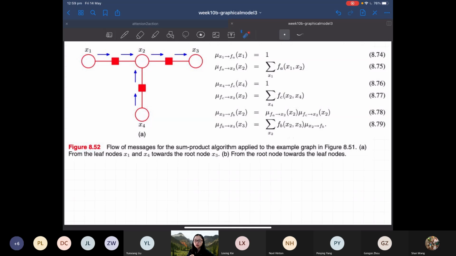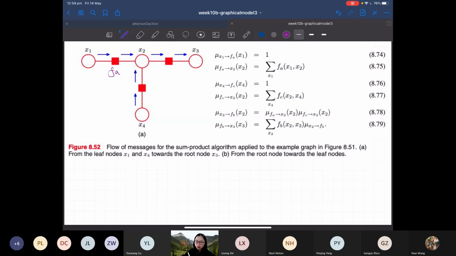Right now we arbitrarily choose, before we were working on x2, right now we just choose x3 as the root. And our first pass basically starts from the leaves. From the leaf nodes x1 and x4, we have two messages that are 1. And then we propagate this. There are 3 terms. This is FA.